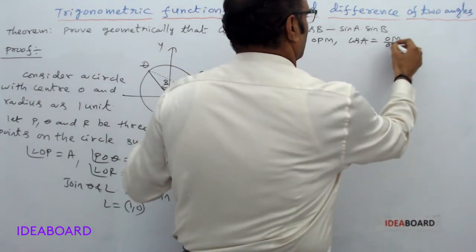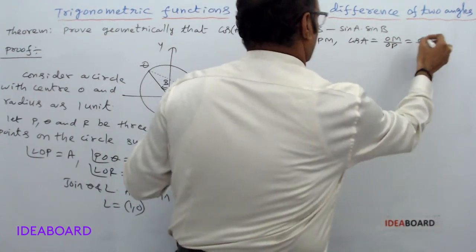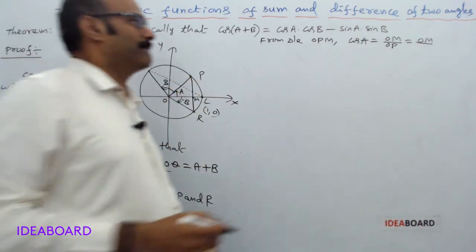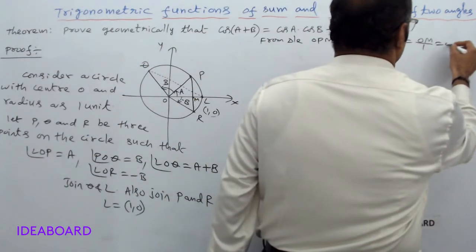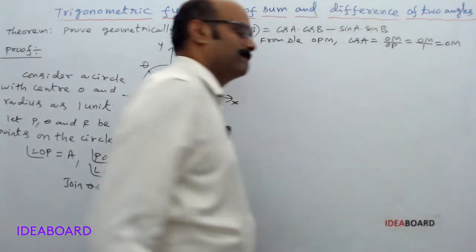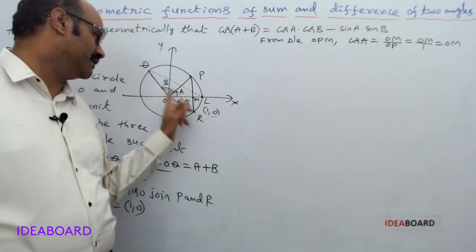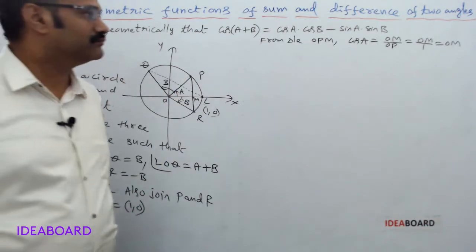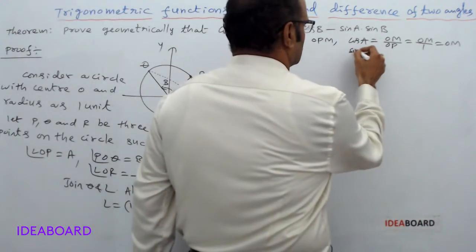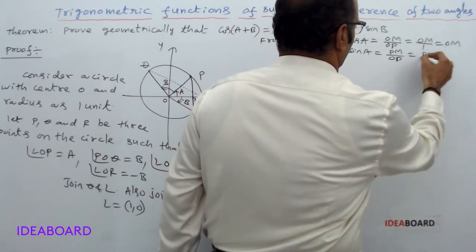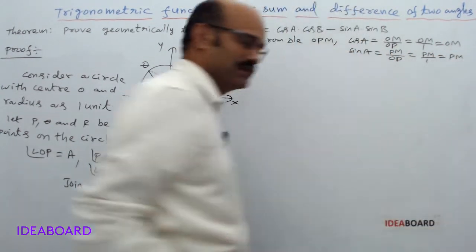Since the length of OP equals 1, this equals OM. Next, sin A equals PM by OP, so PM by 1 equals PM.